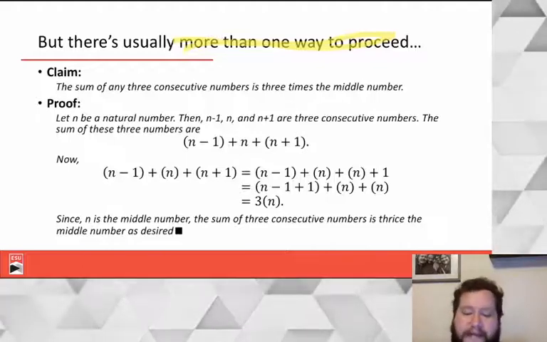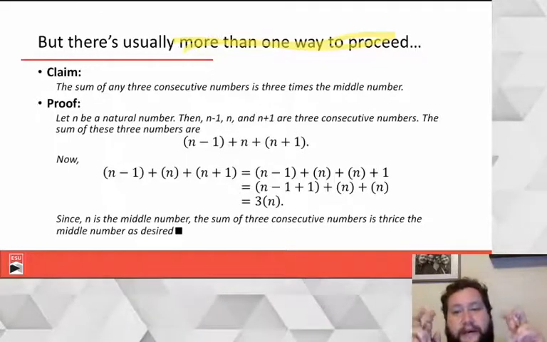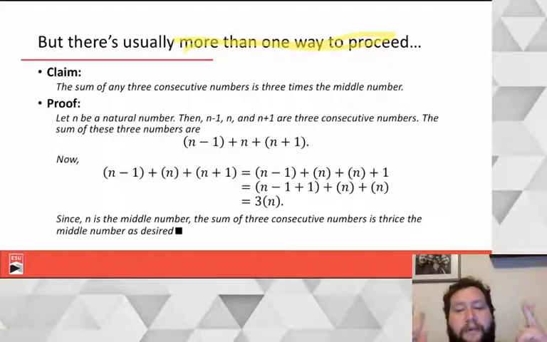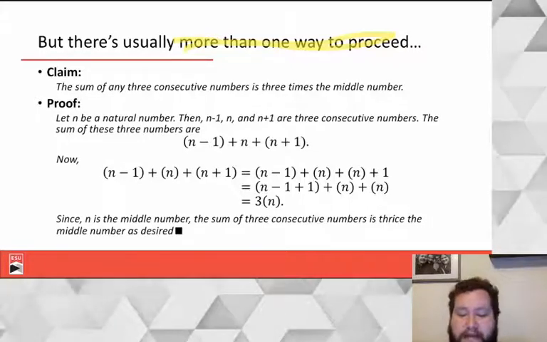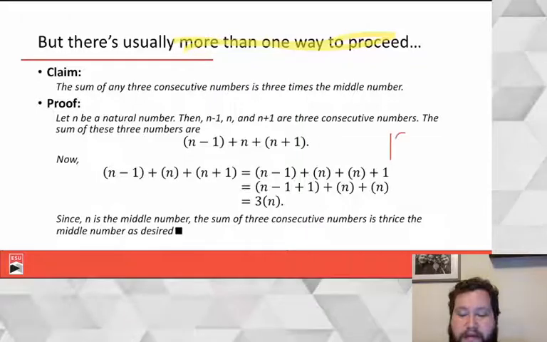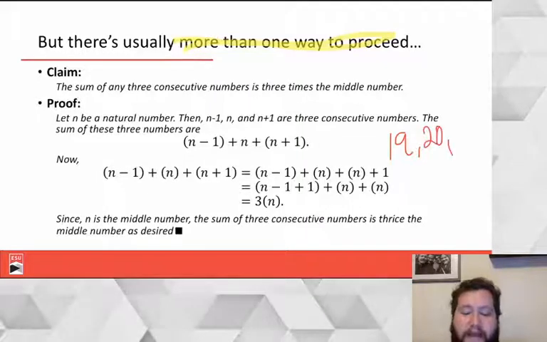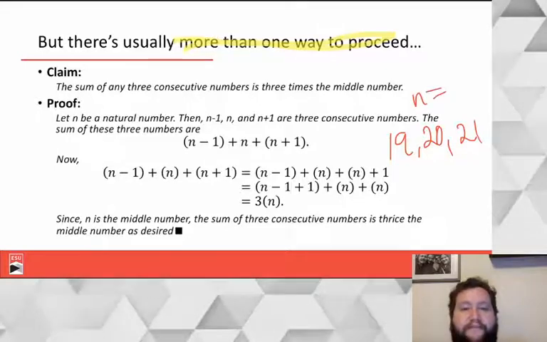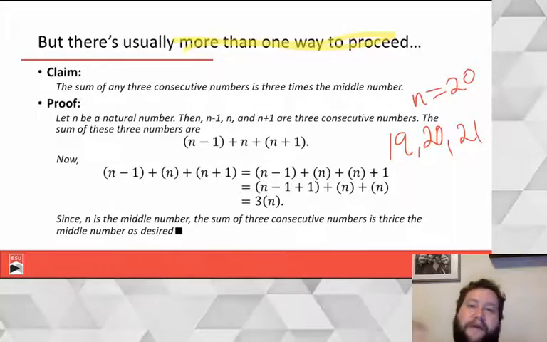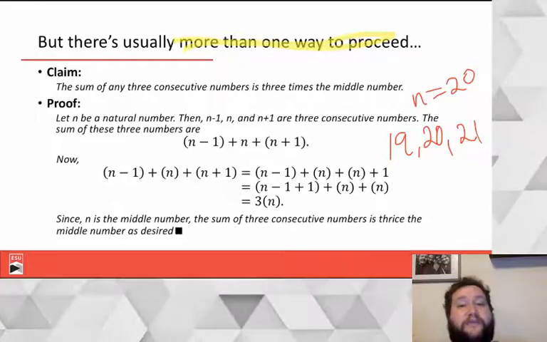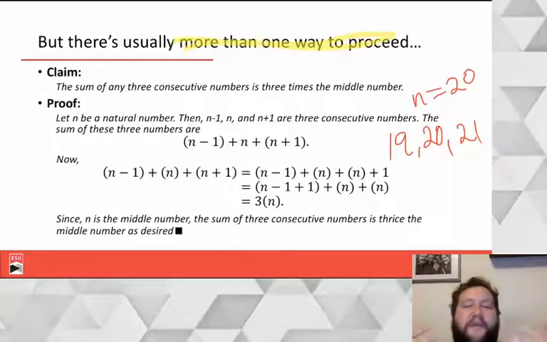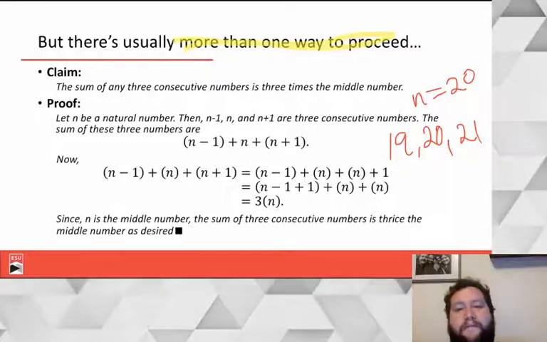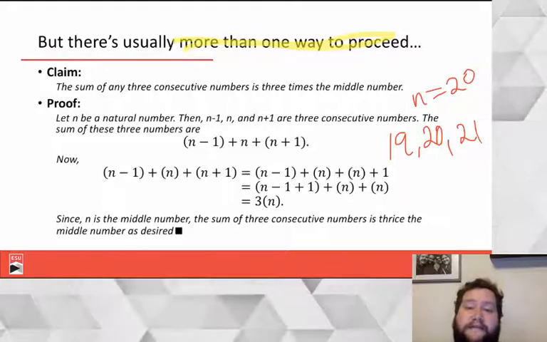And so we might say that this process is better, not more correct, but better because that initial table had 19, 20, and 21. And that's exactly when n is 20, what we see here. Whereas in the previous example, when n was 20, we would see 20, 21, and 22. So we might argue that we like that one more. But really neither of them is better.